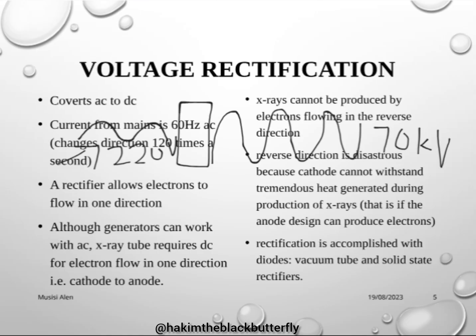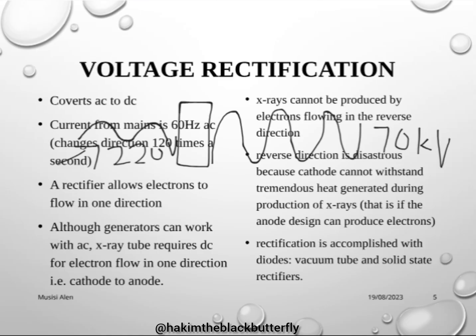That means it changes direction 120 times in a second. If such a current is fed into the X-ray tube, the polarity of the cathode and the anode is going to change 120 times in a second. We don't want that.